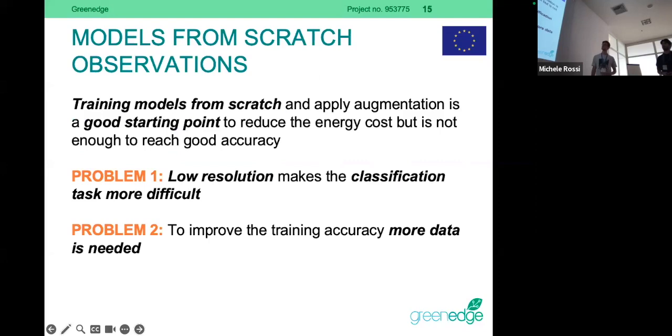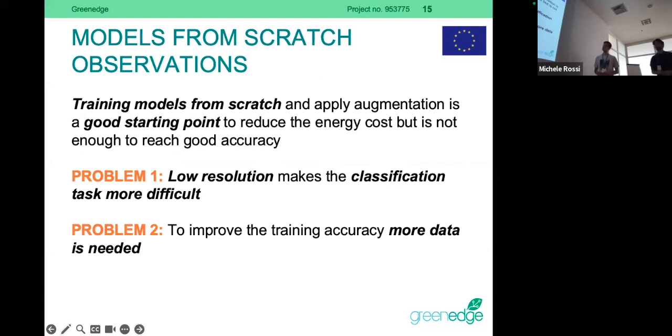So from these results, we observe that training the model from scratch is a good starting point. And with the augmentation, they reach a good accuracy, but it's not what we want. So we notice two main problems.